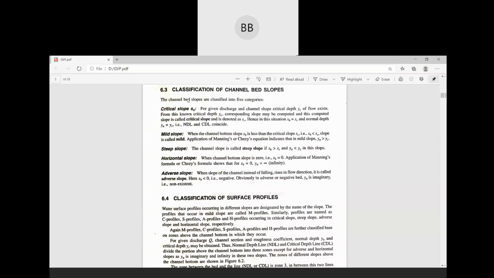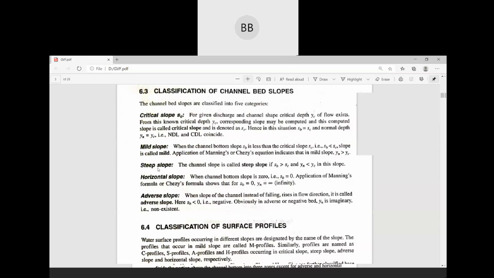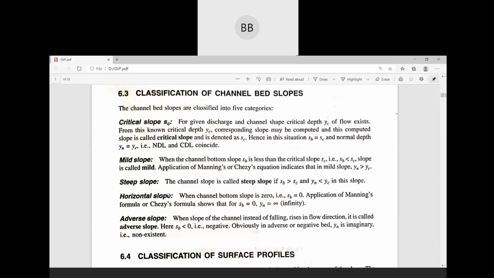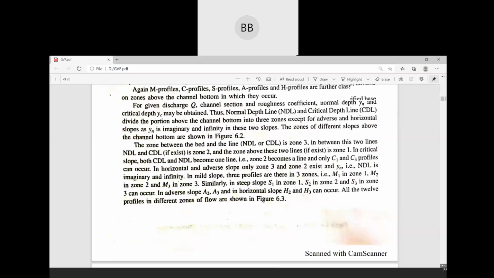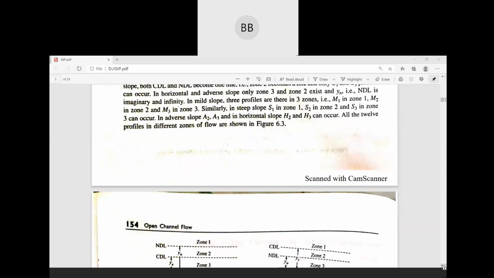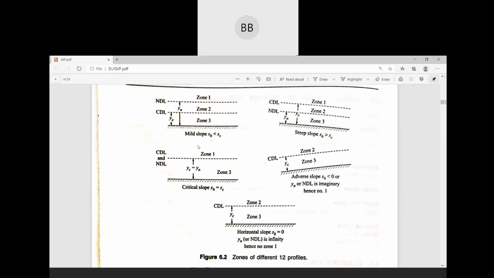I think we have discussed this classification of channel bed slopes: critical slope, mild slope, steep slope, horizontal slope, and adverse slope. I think these diagrams also we have discussed.